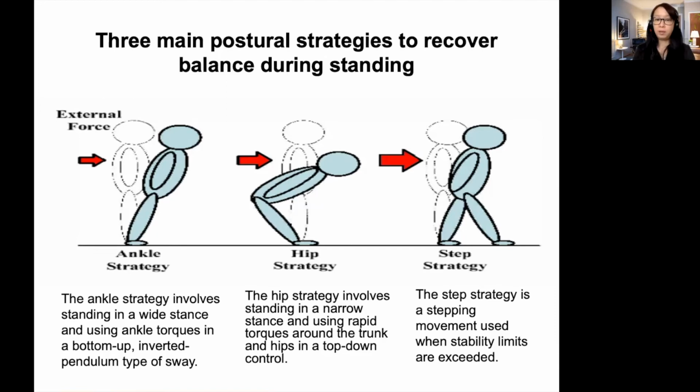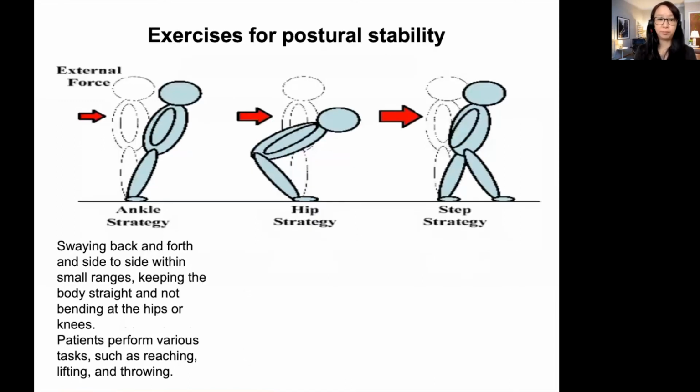But someone who has vestibular problems or balance problems may have problems with their ankle and hip, or even have problems taking their steps. So we need to focus on exercises which help these three strategies so that it will prevent them from falling.